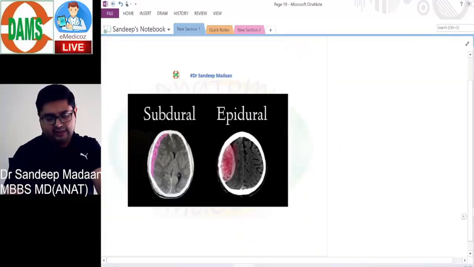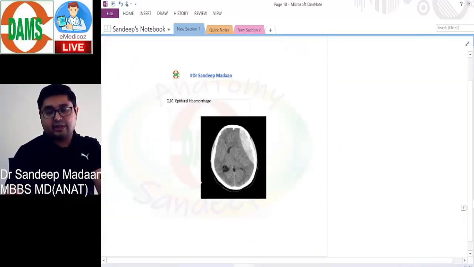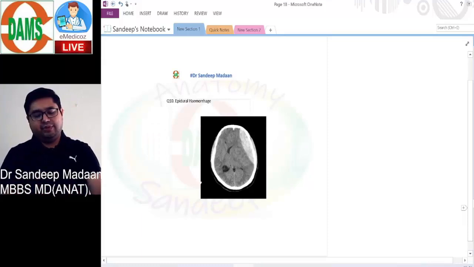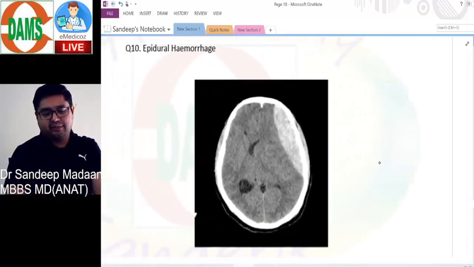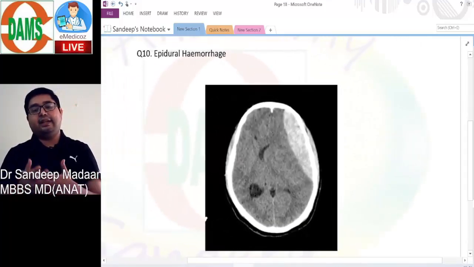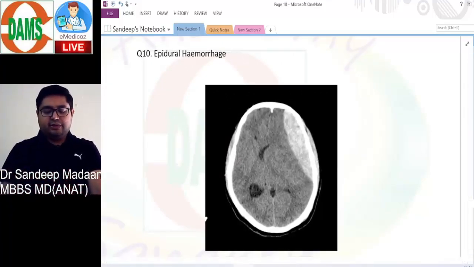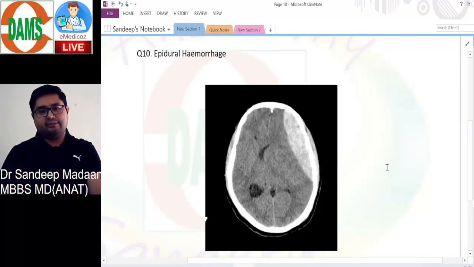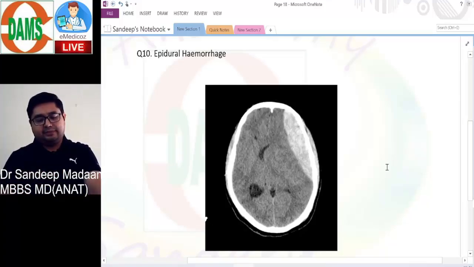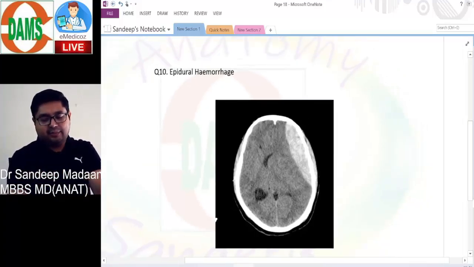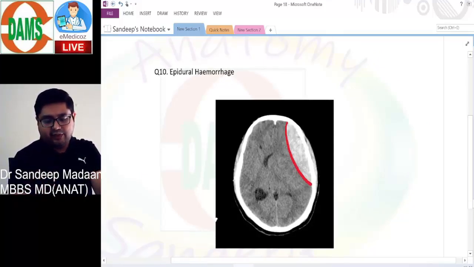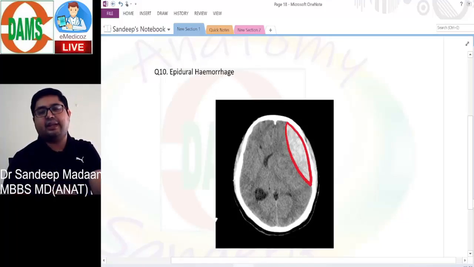Now after this, there were two questions which, you can say, had an overlap between anatomy and radiology. Or you can say it was asked on radiological anatomy, right? Now this question was based on the epidural hemorrhage. I could not get the options properly, but basically such an image was shown where you can see the convex type of collection here, right?